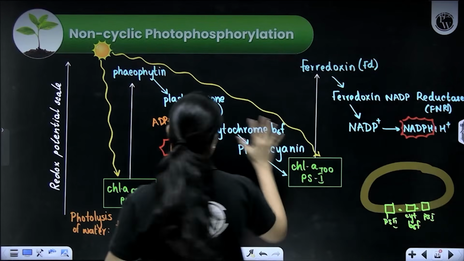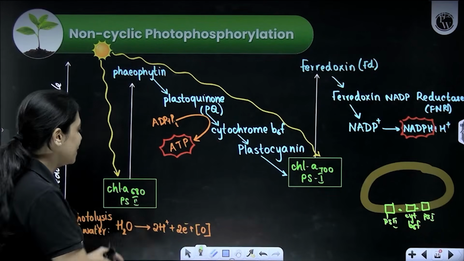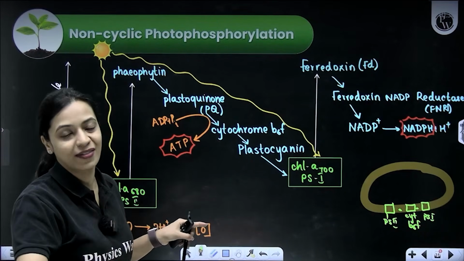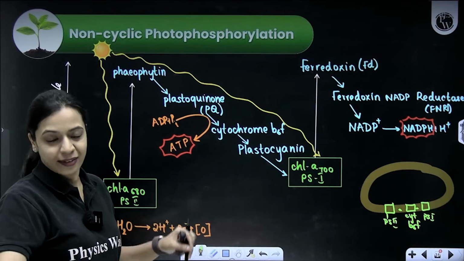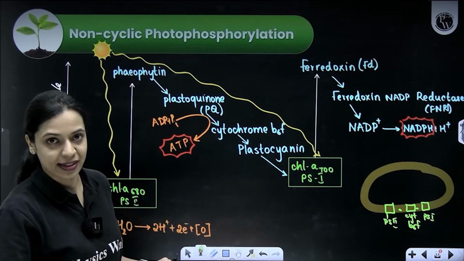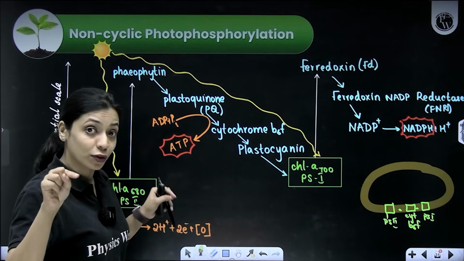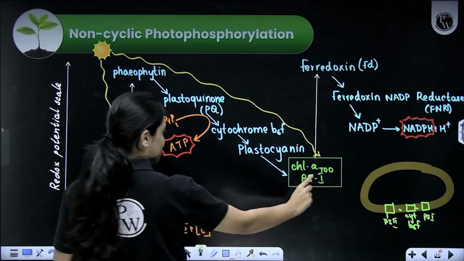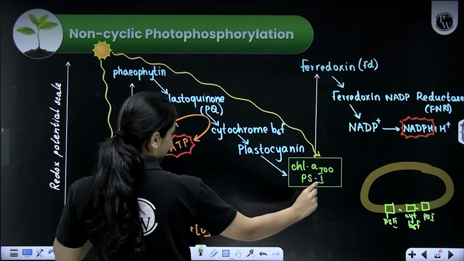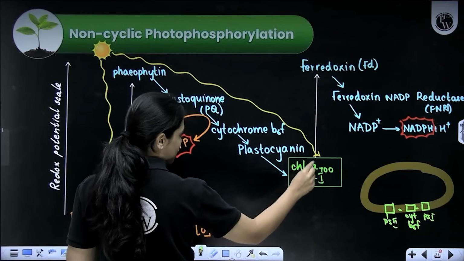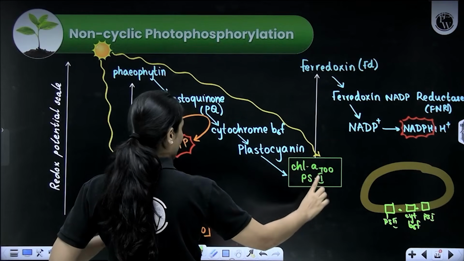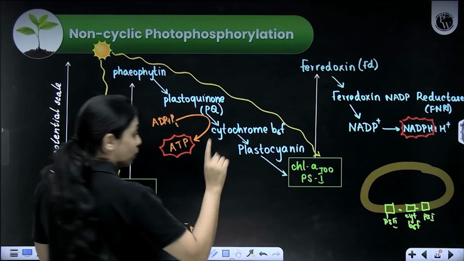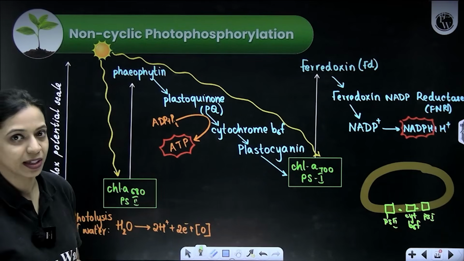When sunlight hits both photosystems simultaneously, in a chlorophyll molecule you have a central magnesium, right? From that, one electron will get excited. From the chlorophyll A reaction center itself, electrons will get excited, from both PS2 and PS1's reaction center chlorophyll A. That process is happening simultaneously.